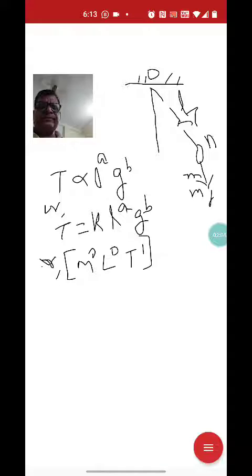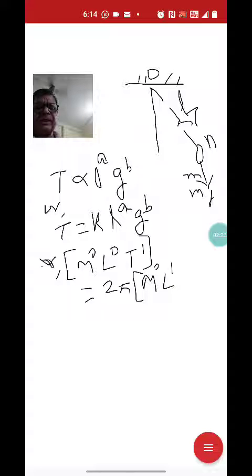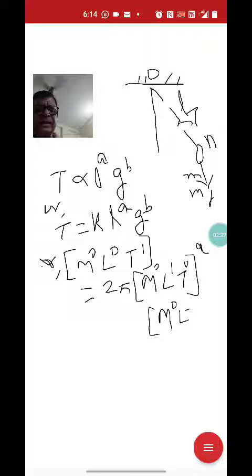Its unit is second, equal to K, and K is given already as 2 pi, which is dimensionless, and the dimension of length L is M to the power 0, L to the power 1, T to the power 0, to the power a, and multiply the dimensional formula of acceleration due to gravity, again M to the power 0, L to the power 1, T to the power minus 2, whole to the power b.